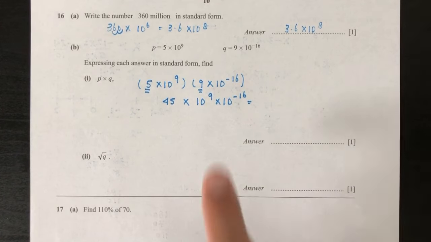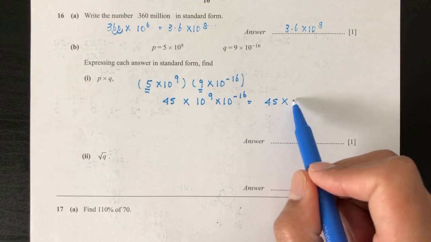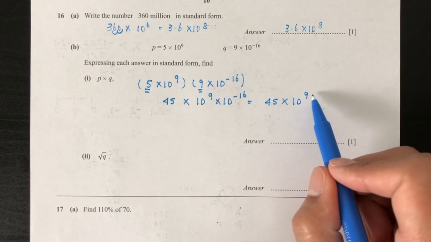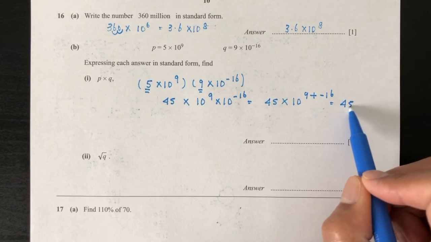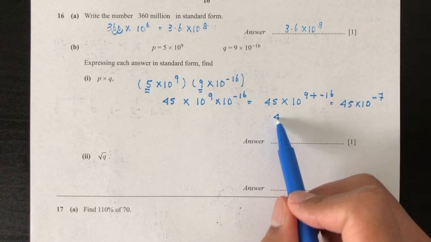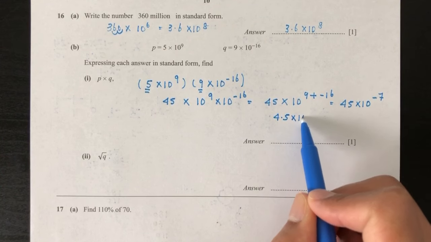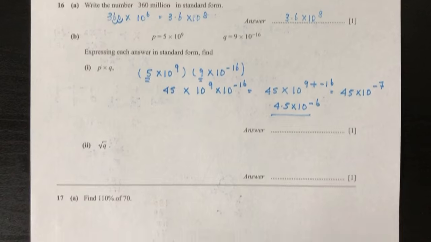Now for indices, when you multiply the powers, you actually add them. That'll be 45 times 10 power 9 plus minus 16. That should be 45 times 10 power minus 7, which is 4.5 times 10 power minus 6. That is your answer for part 1.